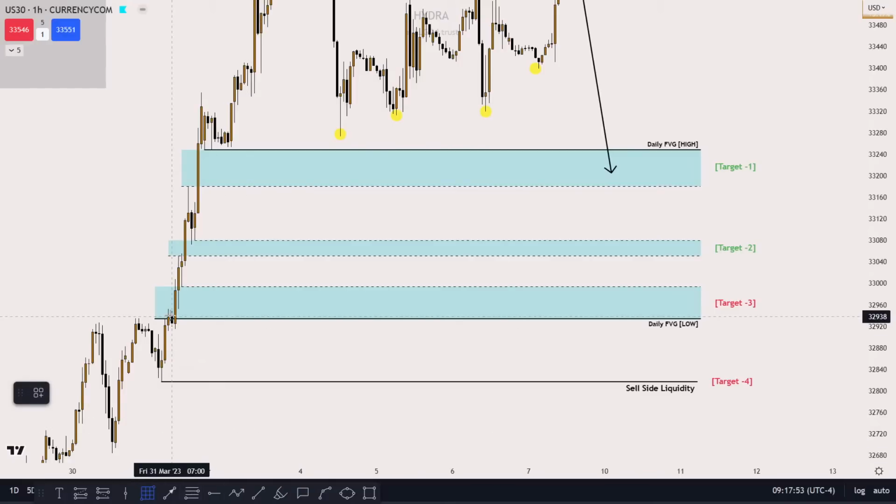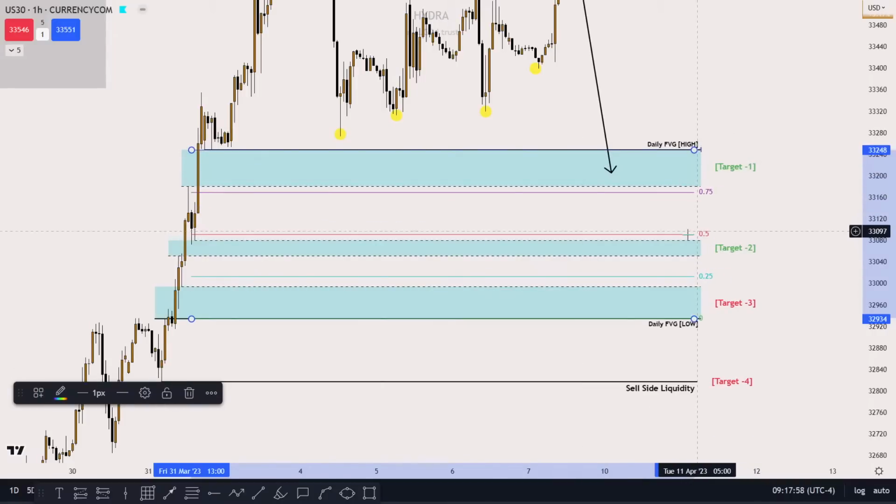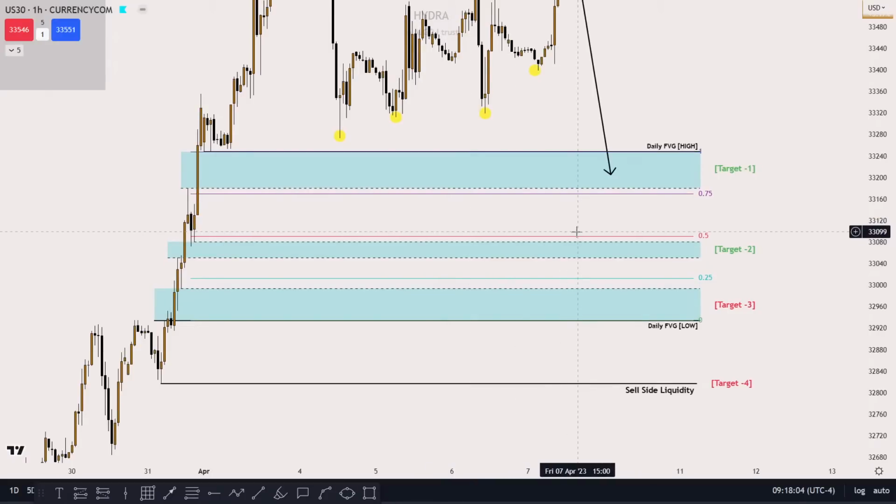Do you remember? I'm repeating again and again. That's our midway of the daily fair value gap, and this fair value gap is below the midway. So from where we expect to see price reversing from the midway of any fair value gap, until then, we can expect price to offer sell side liquidity, and this becomes our strong target.